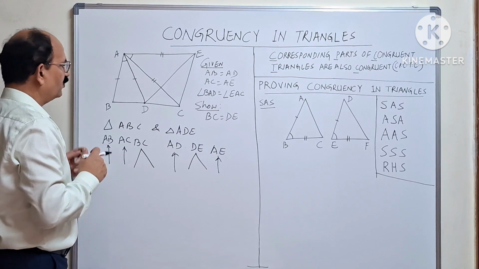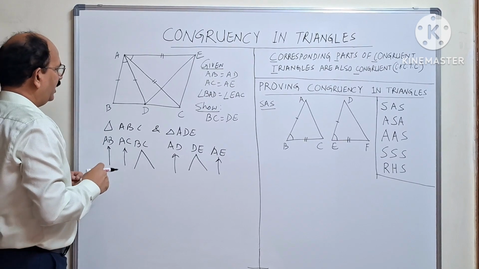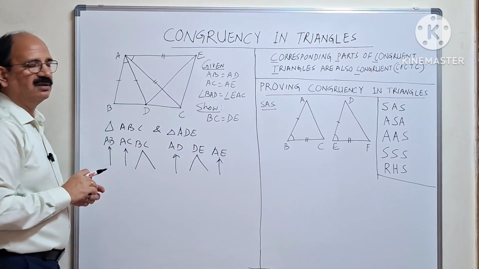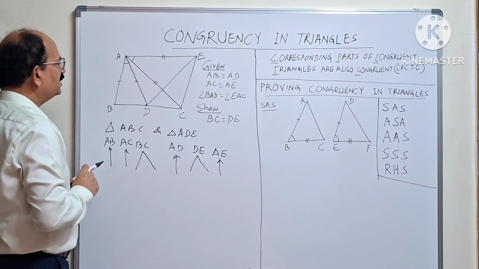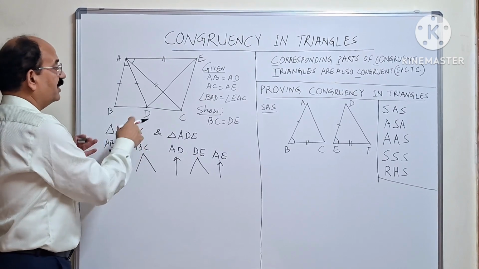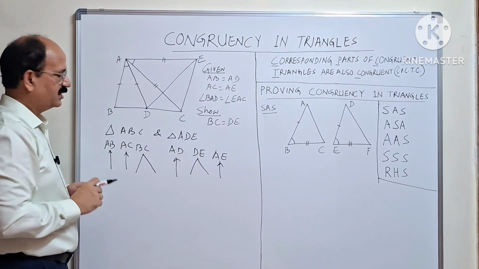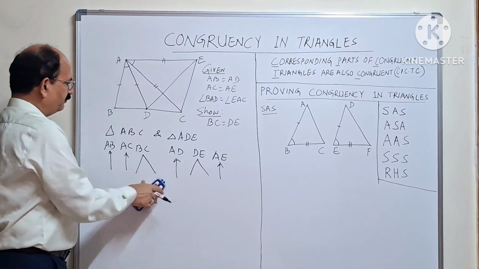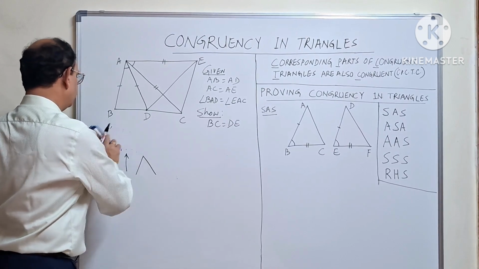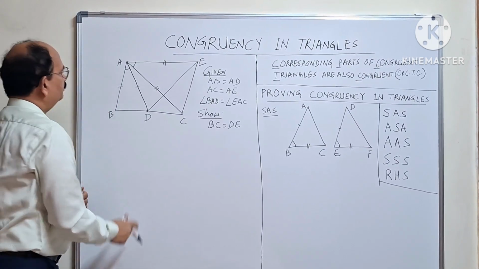How will we prove congruency? Before we go forward proving the congruency, sometimes it becomes easy, once we have done the selection, to draw these triangles separately out of this whole set, because sometimes it becomes very confusing. So let's do that. We have chosen these two triangles, so let's draw them separately.